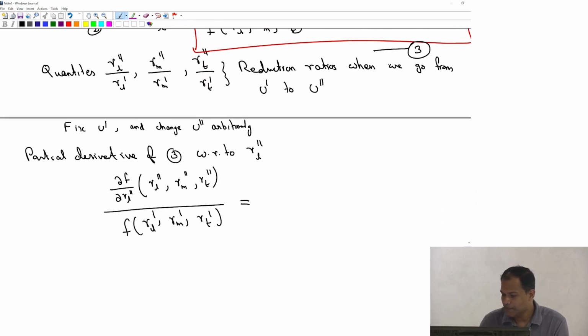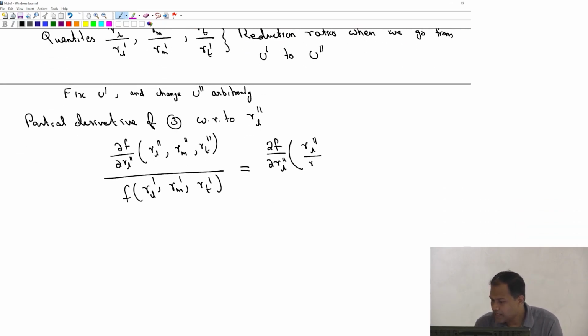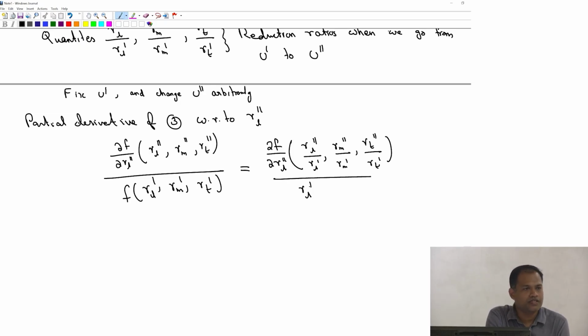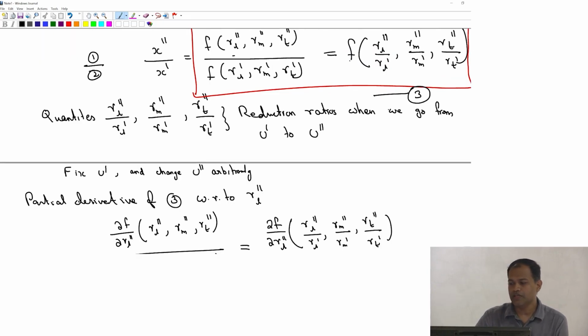That is going to be dou f by dou of RL double prime by RL prime, RM double prime by RM prime, RT double prime by RT prime, divided by RL prime. I just differentiated it. Because the variable here is really RL double prime by RL prime, it is a derivative of f with respect to that times the derivative of that quantity.